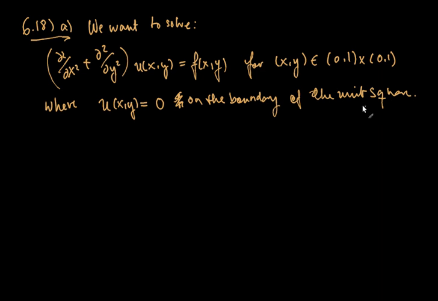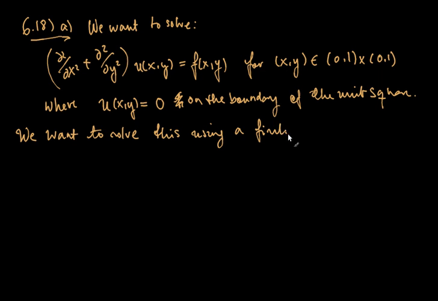And what do we want? Well, we want to solve this using a finite difference approximation which has a certain error, and that error will also determine which finite difference approximation we should use.